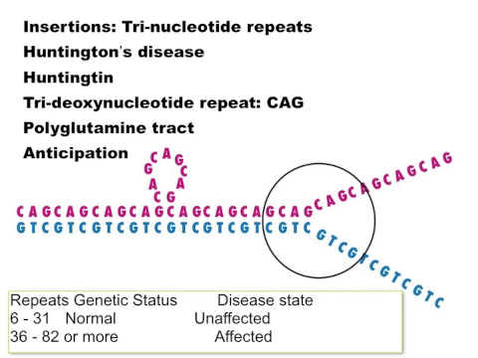Now the thing is, 6 to 31 repeats of CAG, that's a normal status. 36 or 82 or even more, then the individual is going to be affected. These CAG repeats can expand as the generations pass.